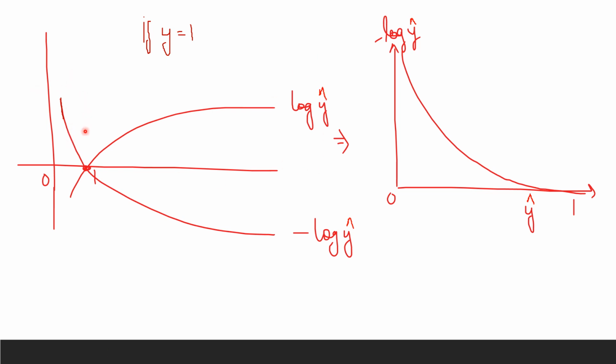And if we zoom in on this area, that will be this graph. You will see that if the y hat predicted by the model is somewhere around 0.1, that will be around here. You will see that the value of minus log y hat will be very high, and in this way the logistic loss will be very high.